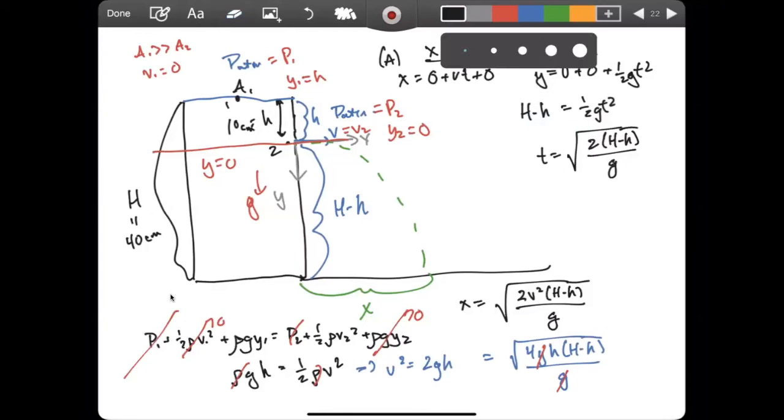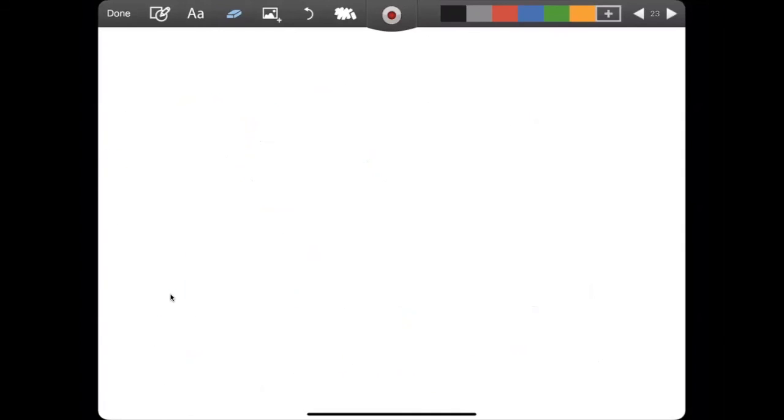And finally, the distance it travels away from the base is the square root of 4 times little h times (capital H minus little h). Which makes sense: it has to go as length squared because I'm square rooting, so that gives me units of meters. Plugging in my numbers, the distance it's going to travel is 35 centimeters from the base.